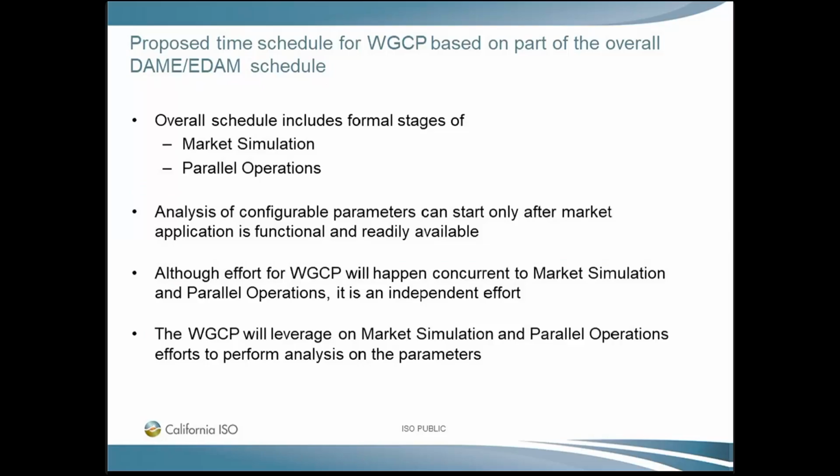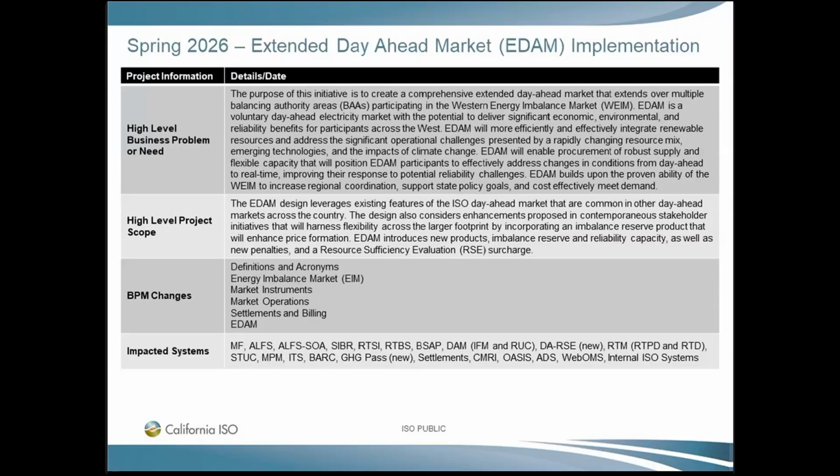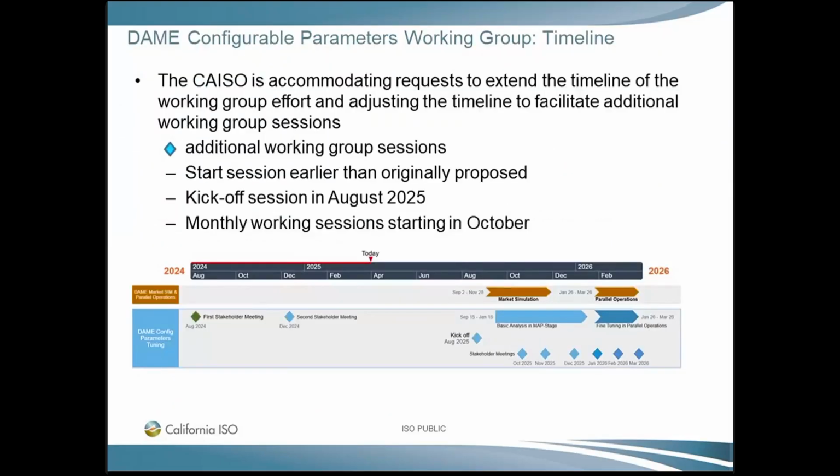So if we still have the date as implement those codes into production no later than February, I think it might be a little bit too early, because I believe the parallel operations is going to end in March or something. So I just want to point out that when I started this plan, I was thinking the code deployment to production might be a little bit too early before the parallel operation concludes. Yeah, thank you.